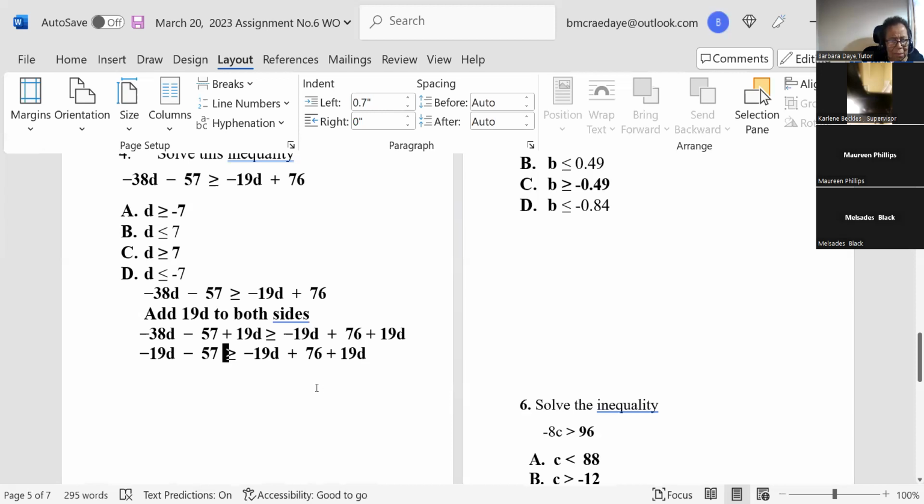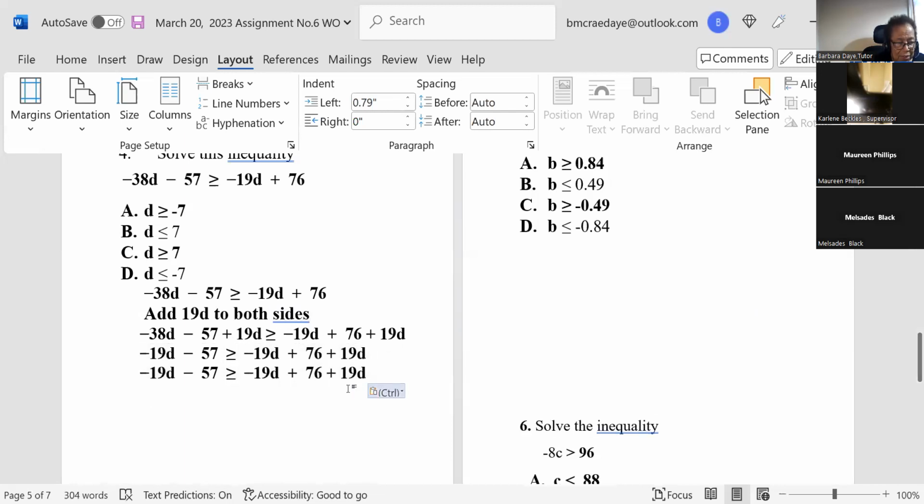That's right. Anytime you have a minus or plus of the same expression, whether it's variables, numbers, or a combination, it is 0. So what we have on the right side, let's just copy that. That would be a 0. So we have minus 19D minus 57 greater than or equal to, and this would just be the 76 left, right? 76. There we go.